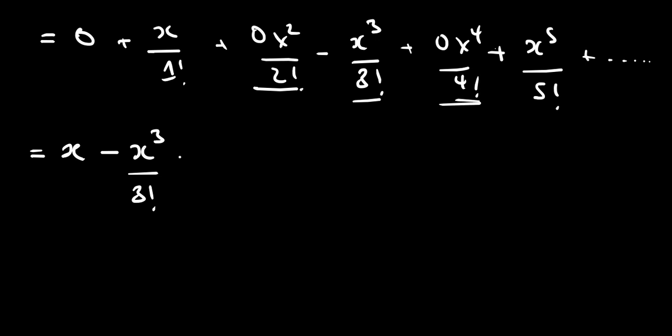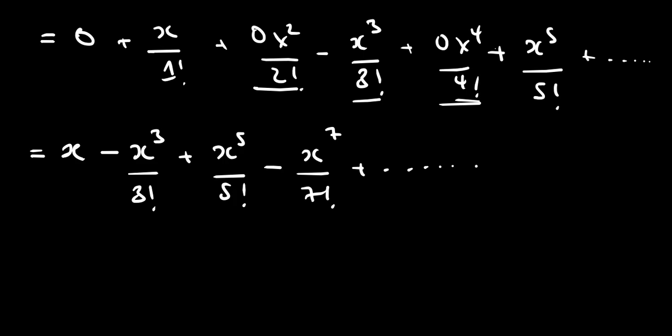Then I'll have plus x to the power 5 over 5 factorial, then minus x to the power 7 over 7 factorial. And this continues to go like that up to infinity.